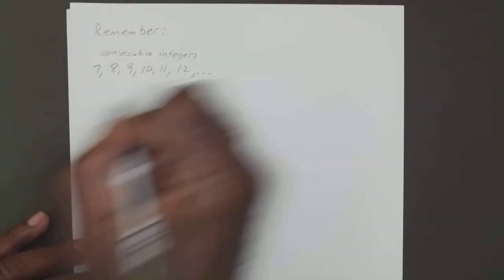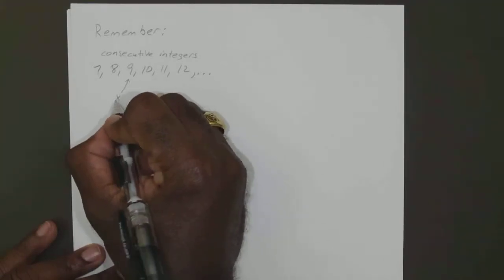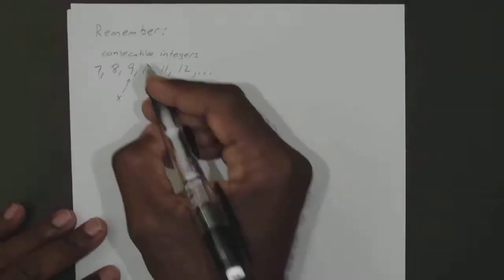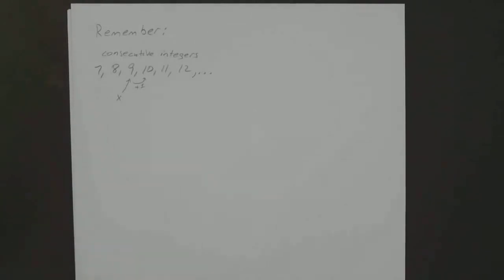And let's say it keeps on going. We know we have to start somewhere. So we can let any value be an x. That could be x, 12 could be x, -500 could be x, any number at all could be x. But you have to start somewhere. So if we're going to the next number, we're just going to add 1. So if we're going from 9 to 10, we're just going from 9 to 9 plus 1.